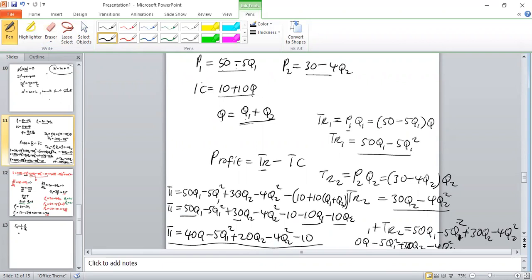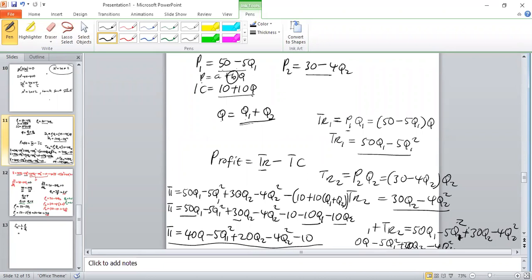P1 is equal to 50 minus 5Q1. What's the value of B for market 1? You just get the coefficient: negative 5. Yes, because the equation is of this form, P is equal to A plus BQ.